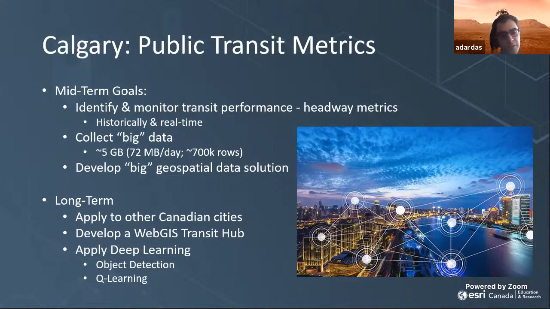The other step, which pretty much relates to object detection and other ancillary data being involved, is Q learning. And this is kind of a new frontier, especially in the GIS world. Q learning is a reinforcement deep learning algorithm that's based on punishment and rewards.